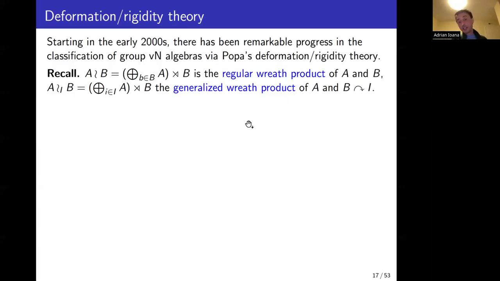More generally, you can define the generalized wreath product associated to A and an action of B on a set I, where again, you replace the direct sum of A's indexed by B with the direct sum of A's indexed by the set I on which B acts. These are the regular and generalized wreath products.